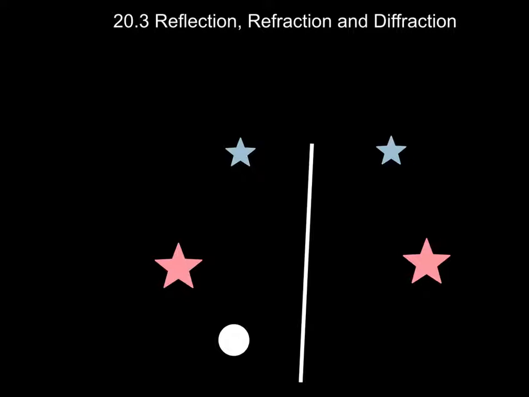Let's start with the red star. If we draw a straight line from our observer to the red star, it's going to look something like this. And if we do the same thing for the blue star, it's going to look like this.